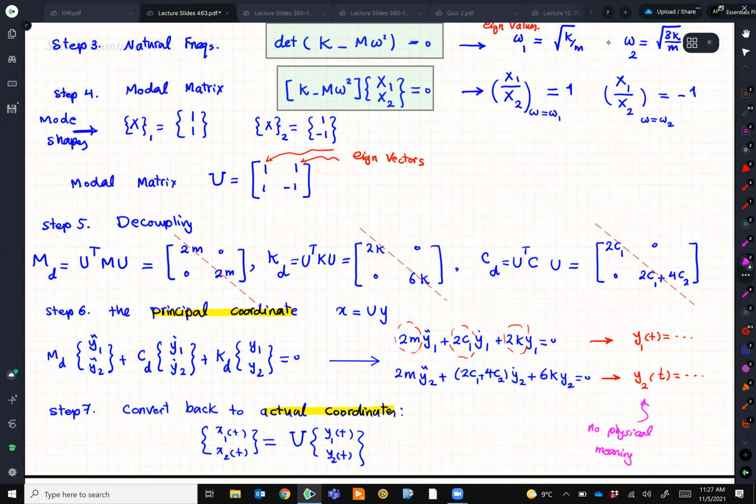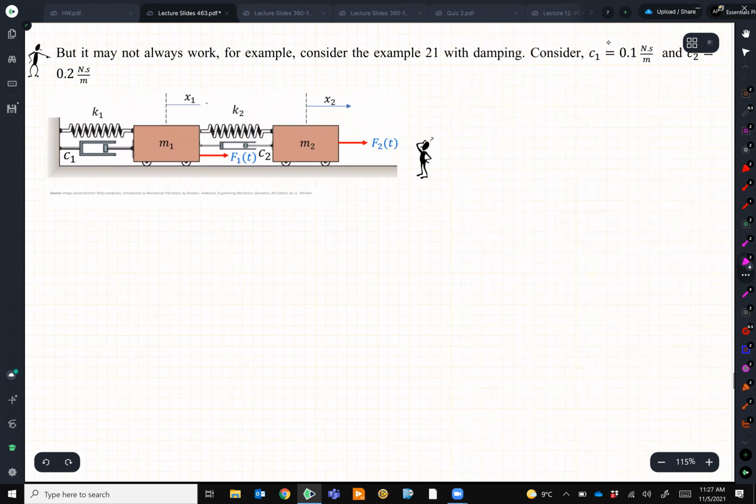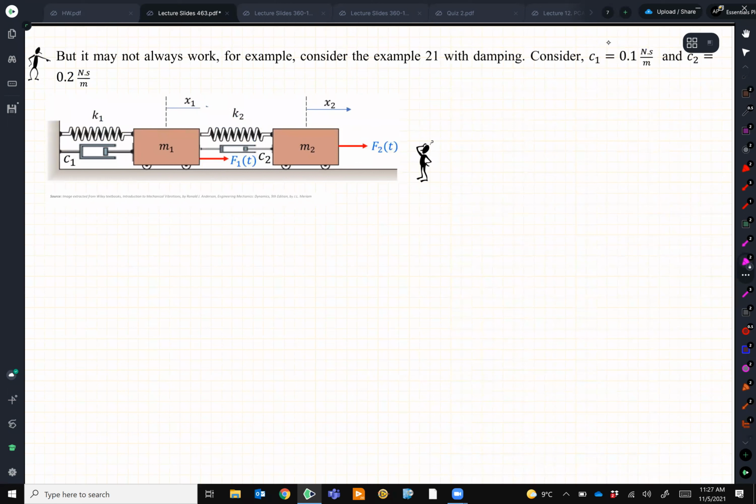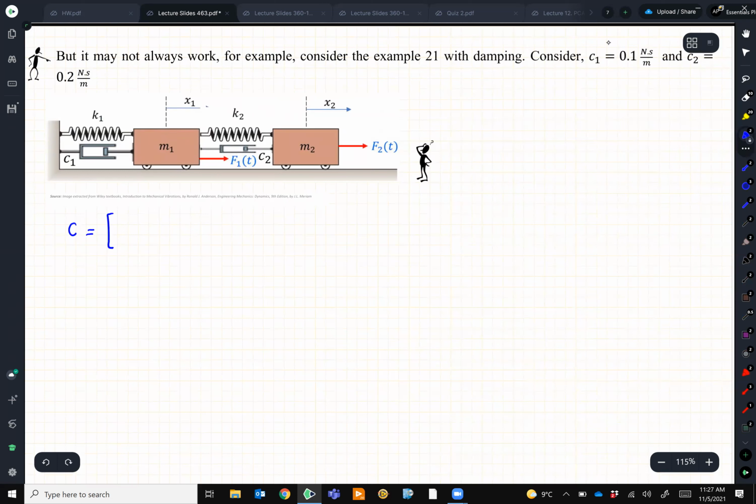But let's deal with the crisis about damping. Damping is considered to be the nasty part when we do vibration analysis, and the reason is that the damping matrix may not always turn diagonal. Here is an example that we solved before, except without damping. If I write the equations and find the damping matrix, it will be C1 plus C2, minus C2.